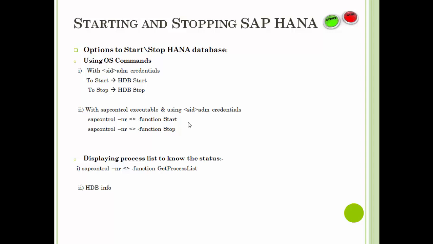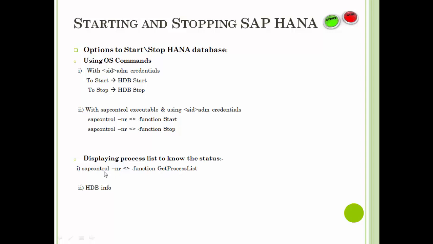we will have to check the status of the SAP HANA database. That is again done using the SAPControl program or the HDB program. When we want to use the SAPControl program, it is with the option GetProcessList.